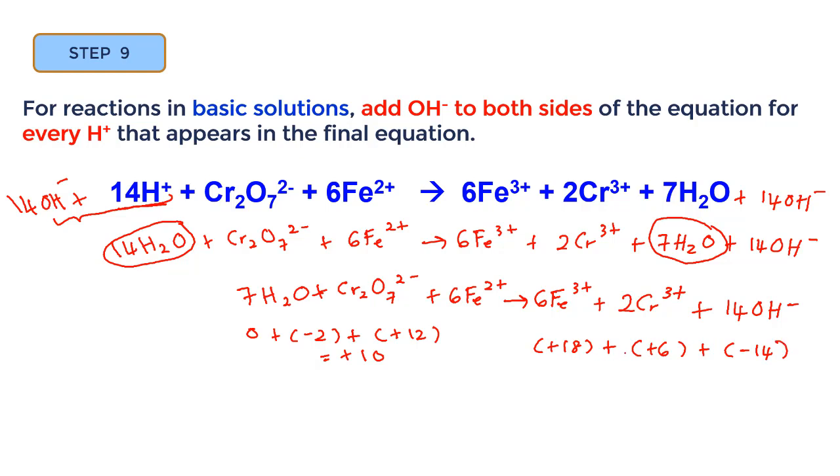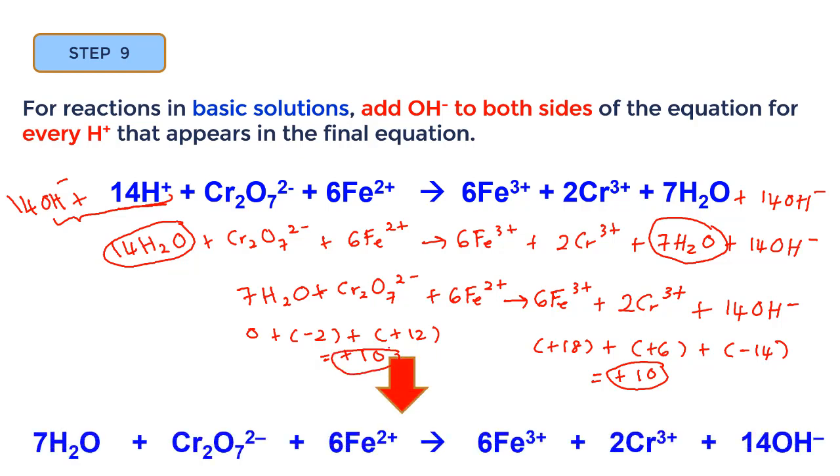So positive 18 plus positive 6 equals positive 24. Positive 24 minus 14 equals positive 10. So the charge is balanced on both sides. Therefore, this is the balanced equation if the reaction occurs in basic solution.